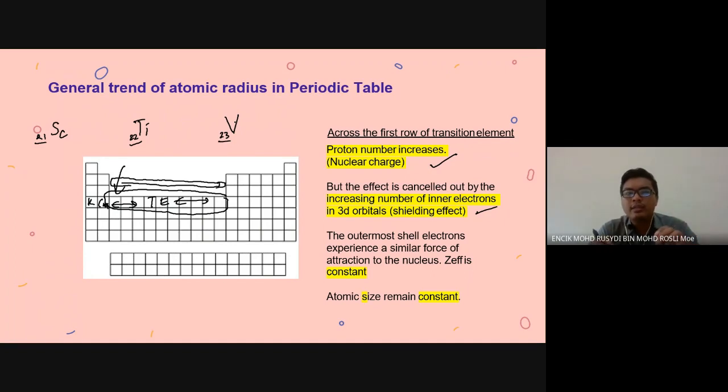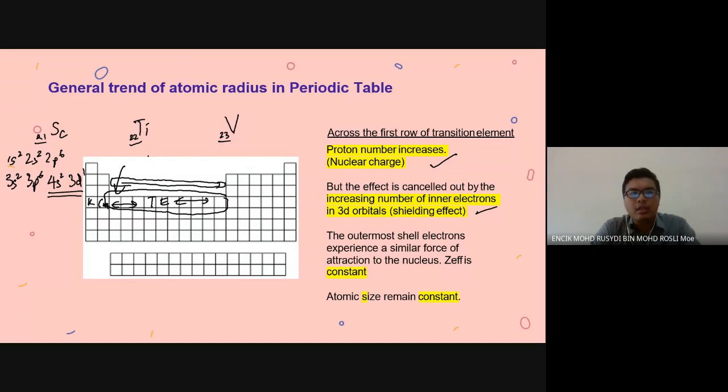But the effect is cancelled out by the increasing number of inner electrons in the 3D orbital. Why? Because when we write the electronic configuration, okay, 1s2, 2s2, 2p6, 3s2, 3p6, 4s2, 3d1. Okay, this is what we focus on here.